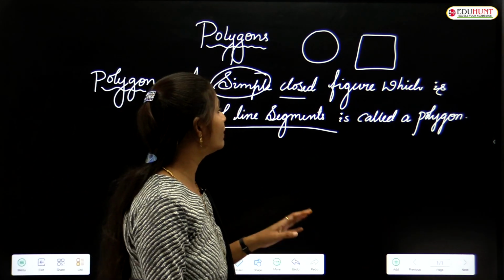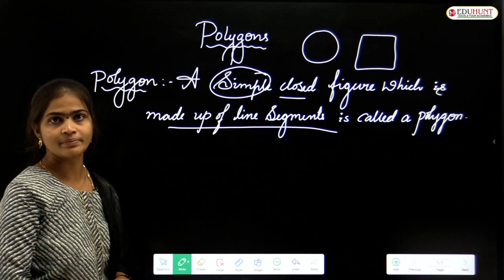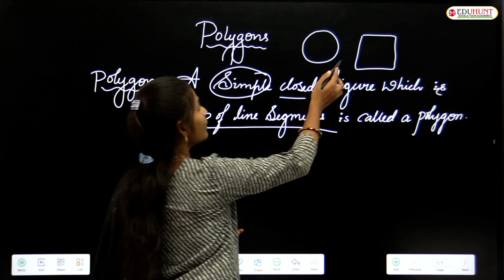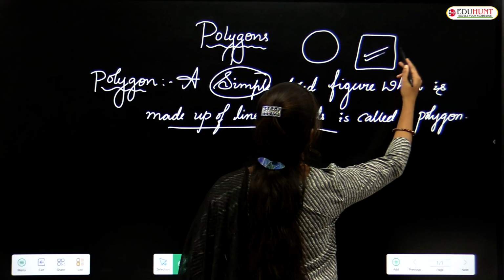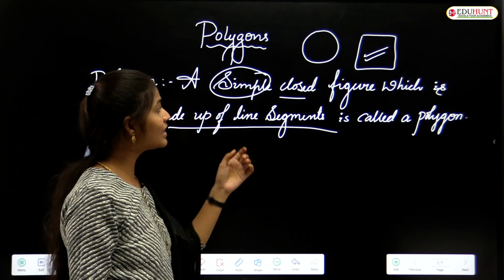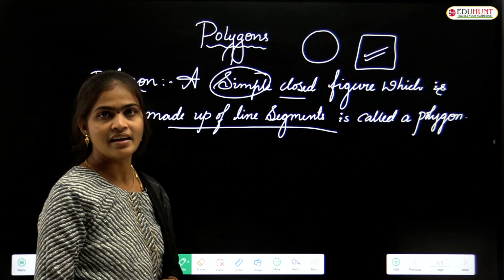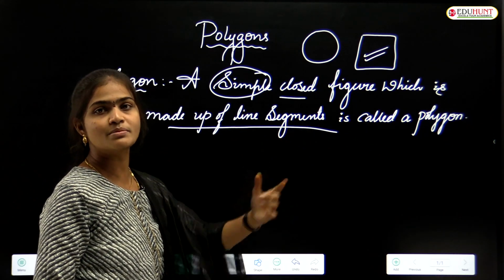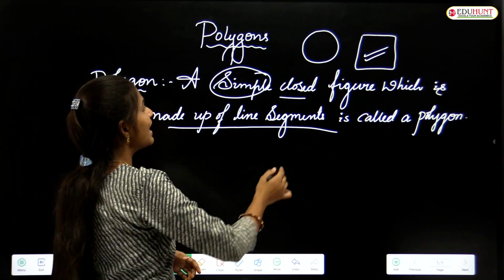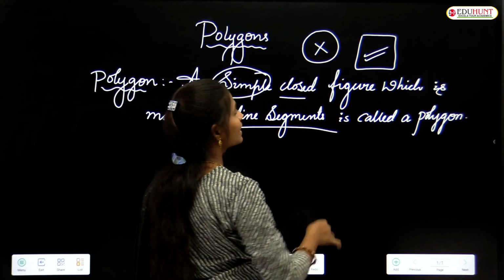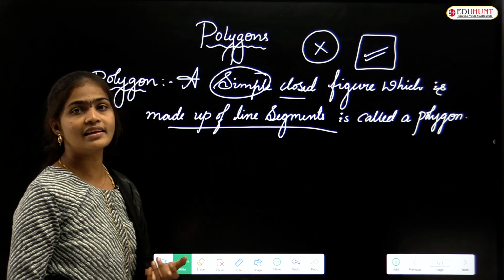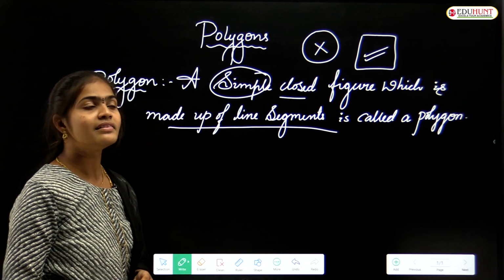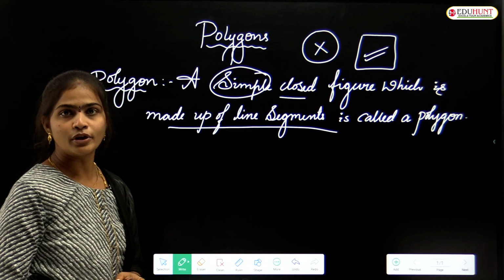Those figures only we will call polygons. So by observing these two, which one is a polygon here? Obviously this is a polygon. Why? Because that figure consists of line segments, a closed figure made up of line segments. And this is a closed figure, but that is not a polygon, because in a circle there are no line segments, right? That's why that is not a polygon.